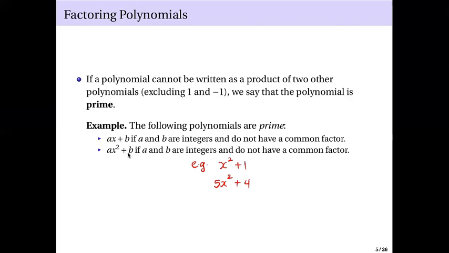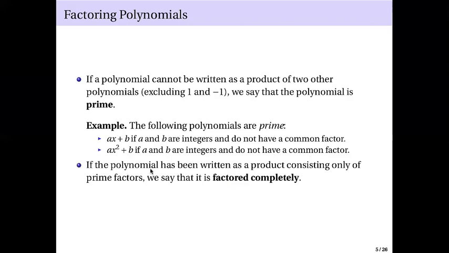For this, we don't consider minus b because there are possibilities where ax squared minus b is not prime, okay? So these two guys here are prime, okay? If a and b have common factors, then it's not prime, okay?